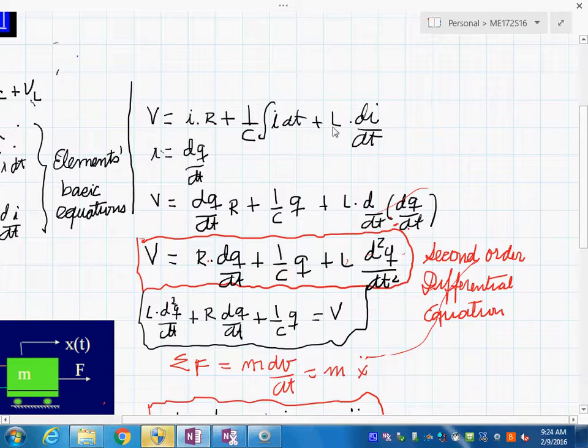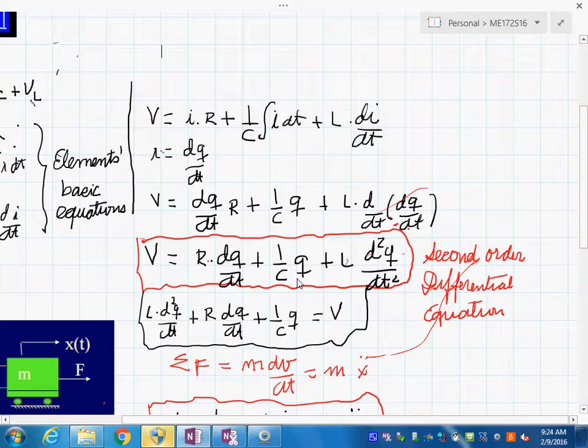So we say that I is equal to dq dt and then replace it into this equation. We come up with the second order differential equation. So this is the second order differential equation as we have it in terms of q here. That was the development of the differential equation for the circuit.